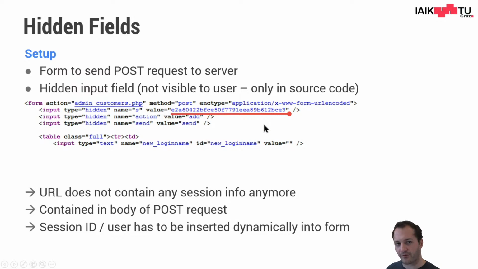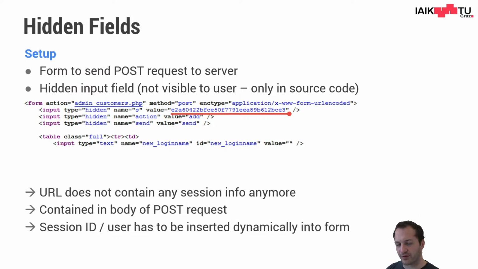The positive thing is, the URL itself does not contain the session ID, so it won't get logged. It's contained in the body, as the payload of the HTTP request. And it's again the website owner who has to manage this. So in terms of security, this is actually not so bad.